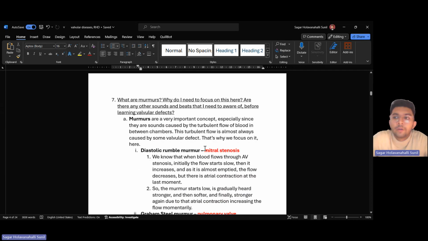Now, when we are trying to auscultate a patient, we can sometimes find irregular heart sounds, which can indicate a possible valvular defect. These sounds are quite characteristic. Certain defects can cause certain sounds to be heard through auscultation.